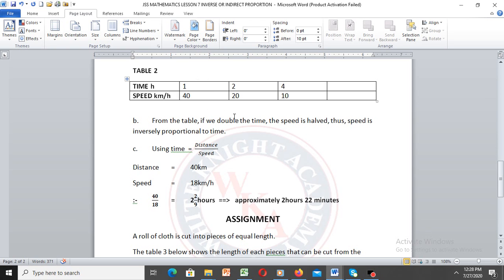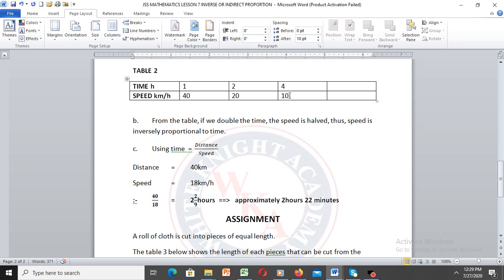When we go from 20 kilometers per hour and double it to 40 kilometers per hour, our time is halved from 2 to 1.